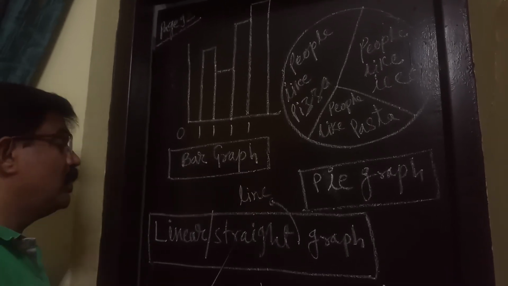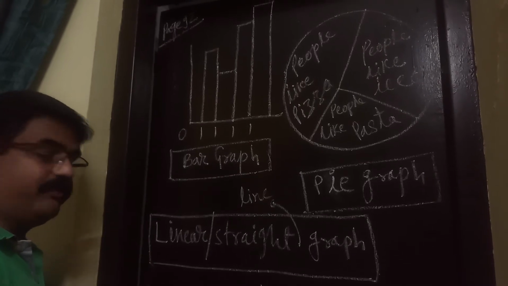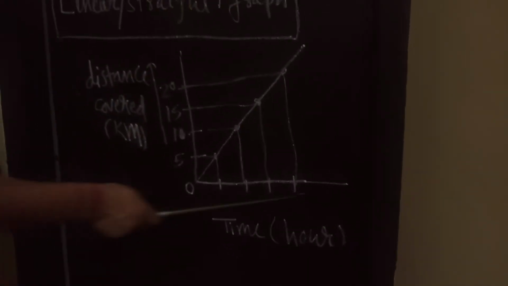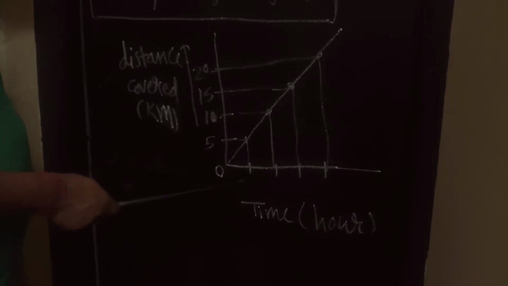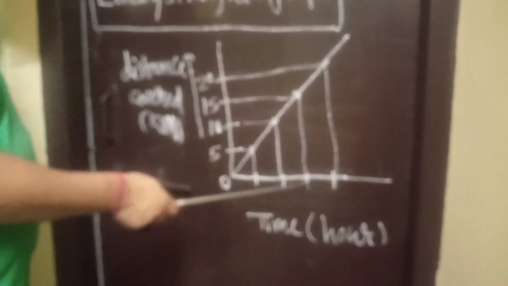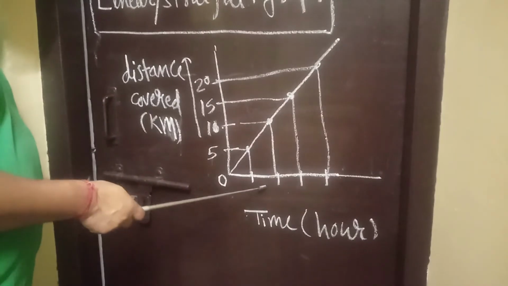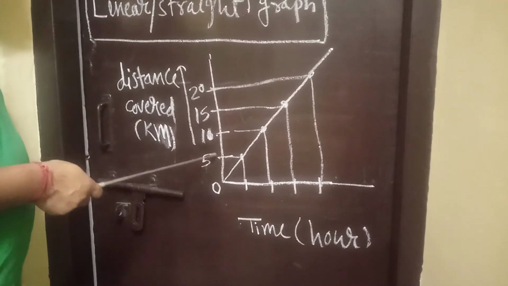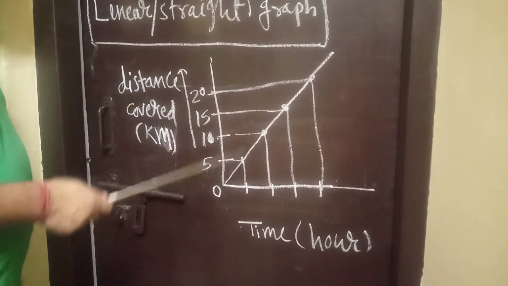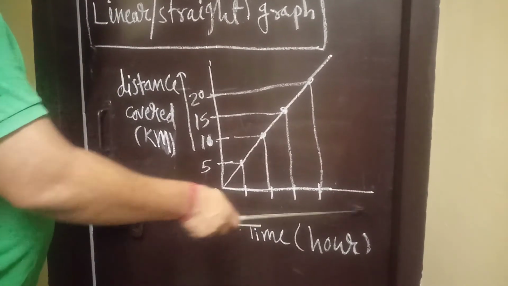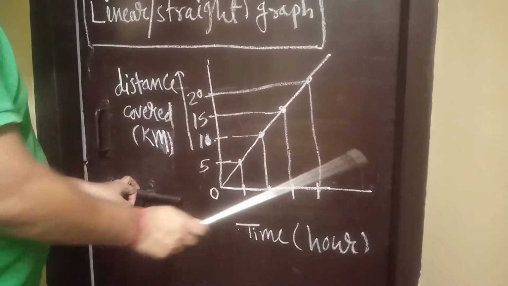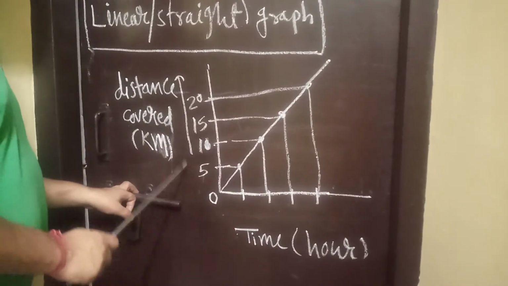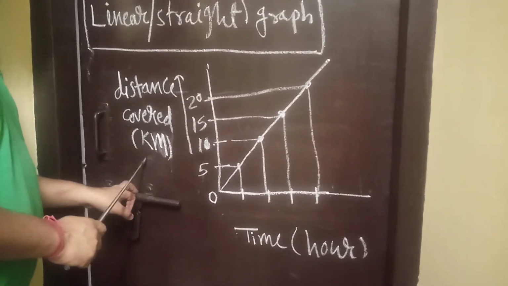To draw a linear or straight line graph, you see on the x-axis, we take points at equal distance. On the y-axis we also take points at equal distance. Here on the horizontal line we are taking time in hour, and on the vertical line we are taking distance covered in kilometer.